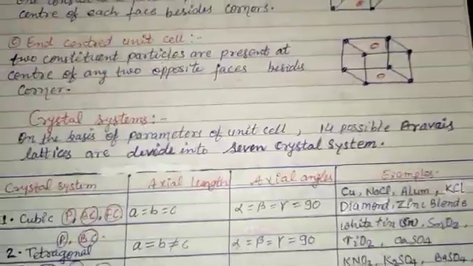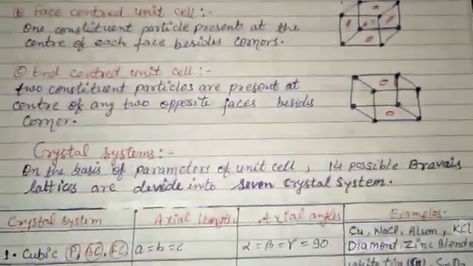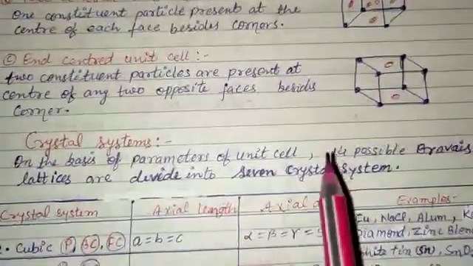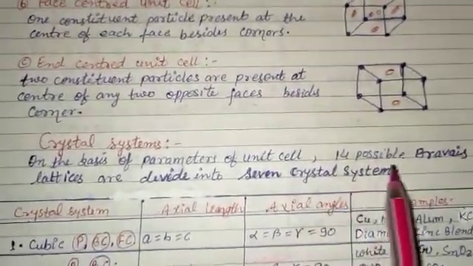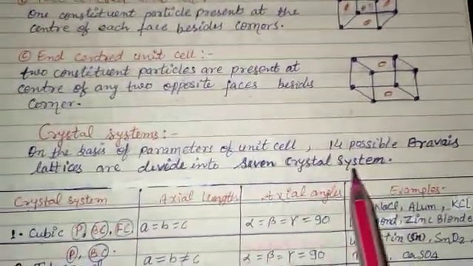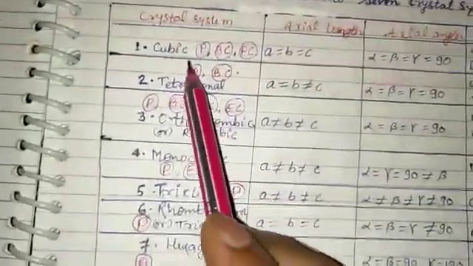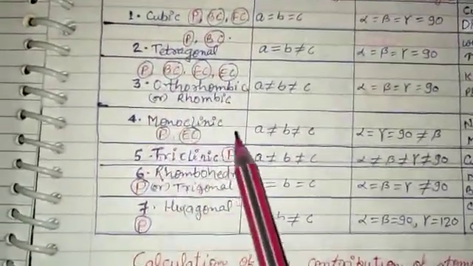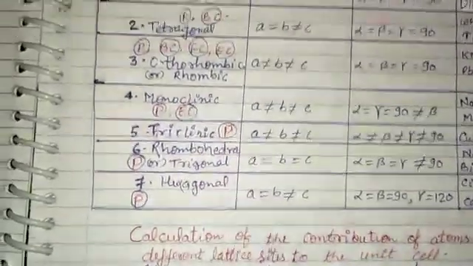Dear students, see the crystal systems. This is on the basis of the parameters of the unit cell, like axial angles and edge lengths. There are 14 possible Bravais lattices, which are divided into 7 crystal systems. These 7 crystal systems are cubic, tetragonal, orthorhombic, monoclinic, triclinic, rhombohedral, and hexagonal.